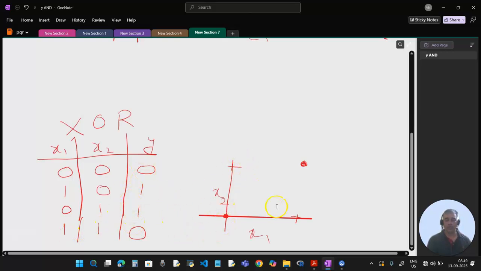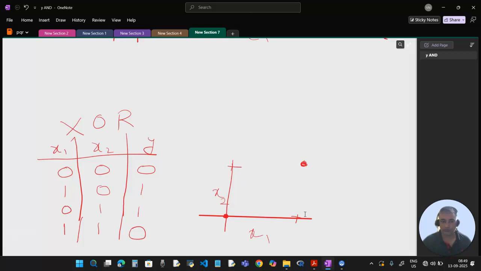If you show it in the graph, we use a dot for representing the negative class: 0 0 and 1 1 are dots, and for 0 1 and 1 0 we use a plus. Now as you can see here, it's not possible to draw a single line to separate these two classes.